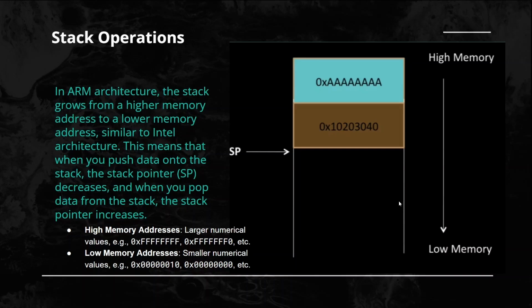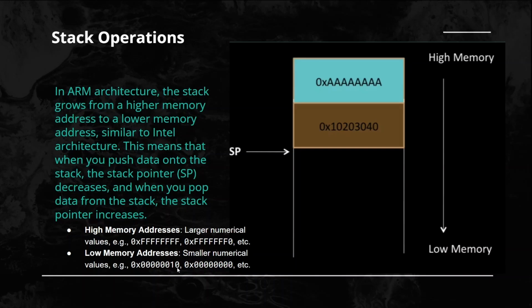Memory addresses are typically represented as hexadecimal numbers, and the higher addresses are those with the larger values. In many computer architectures, including Intel and ARM, the stack starts at the higher memory address and grows downward toward the lower memory address. When items are popped from the stack, the stack pointer moves upward toward the higher memory address.